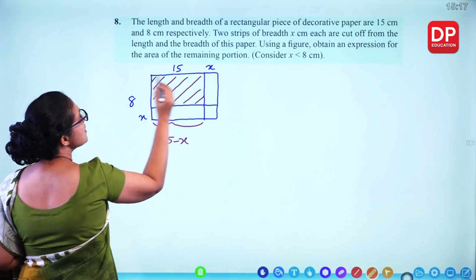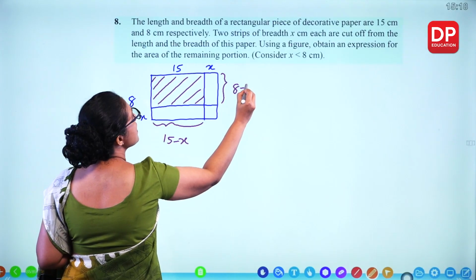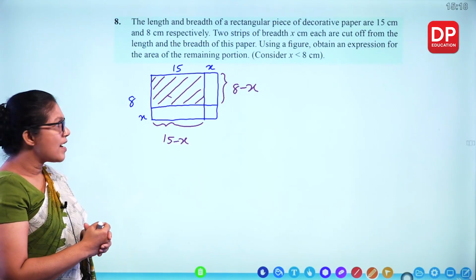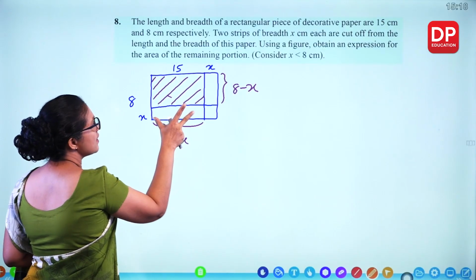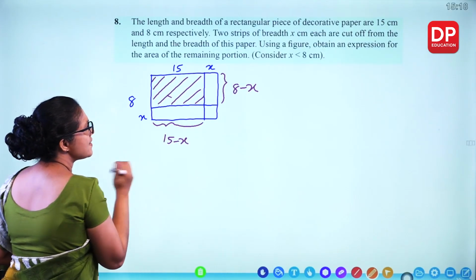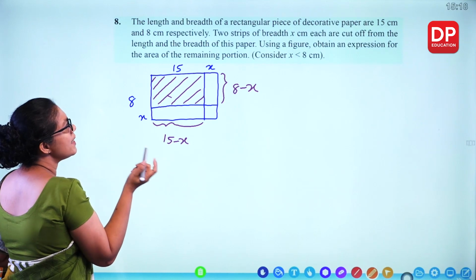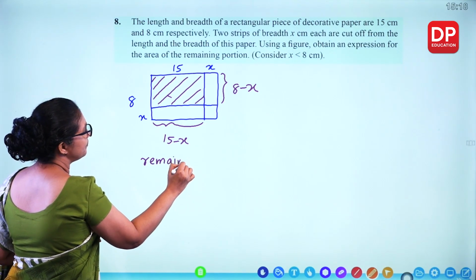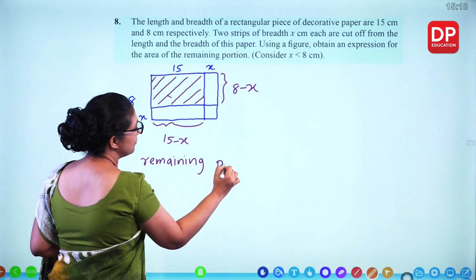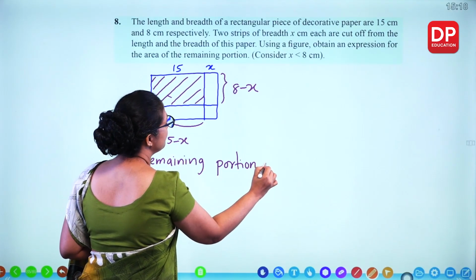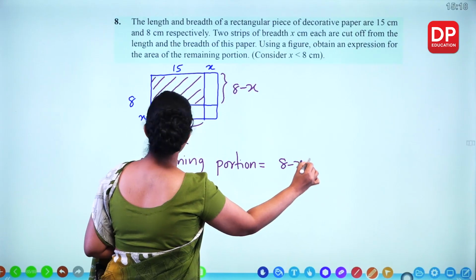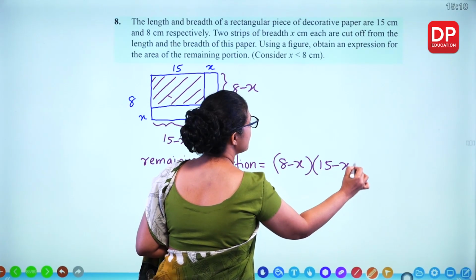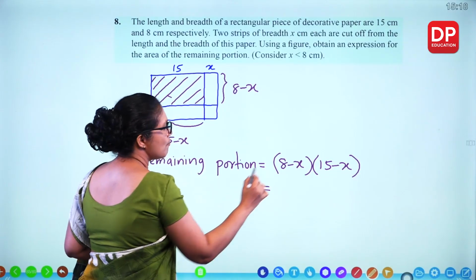So this becomes 8 minus x. So you need the shaded area, the rectangle with 15 minus x and 8 minus x. So basically you need the multiplication. So remaining portion is 8 minus x into 15 minus x. Now use FOIL.